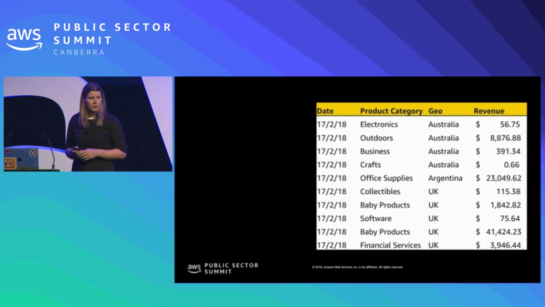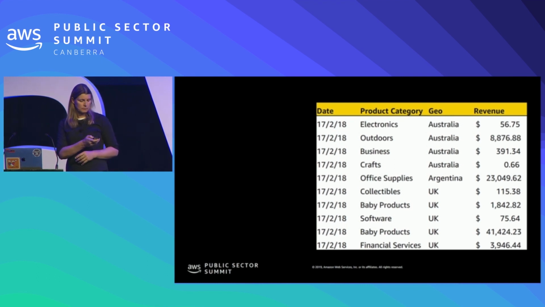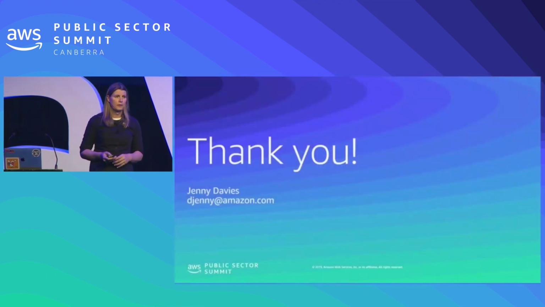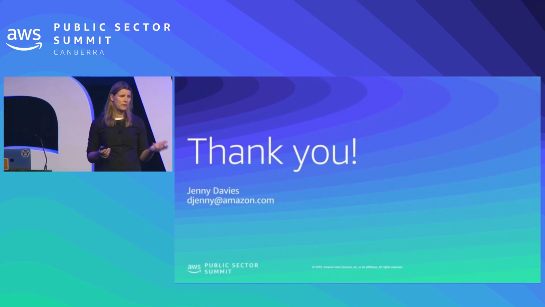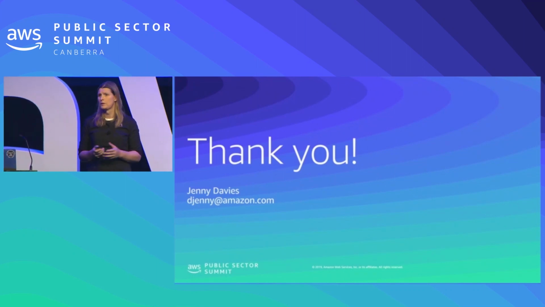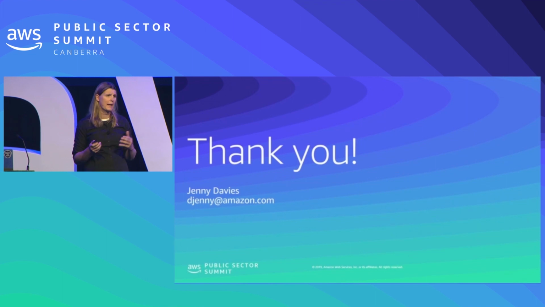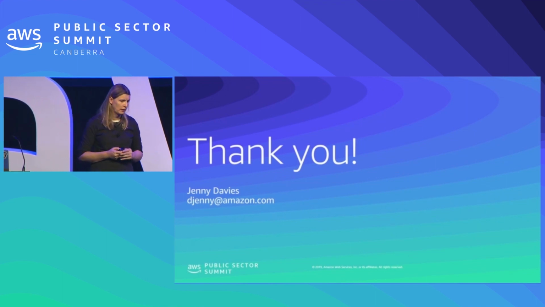So the story doesn't end here. I'd like to thank you for your time and ask that if anything you've seen here is of interest, please grab your Amazon team and talk to them about how you could apply these techniques to your data without machine learning expertise.